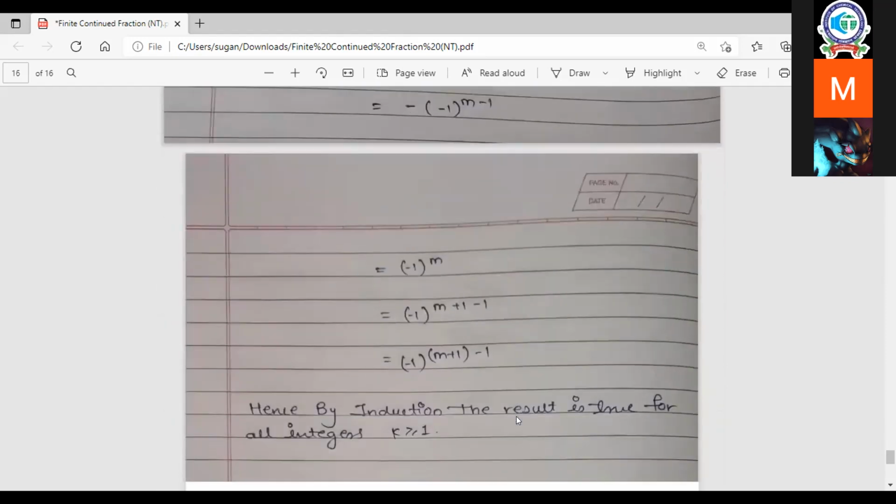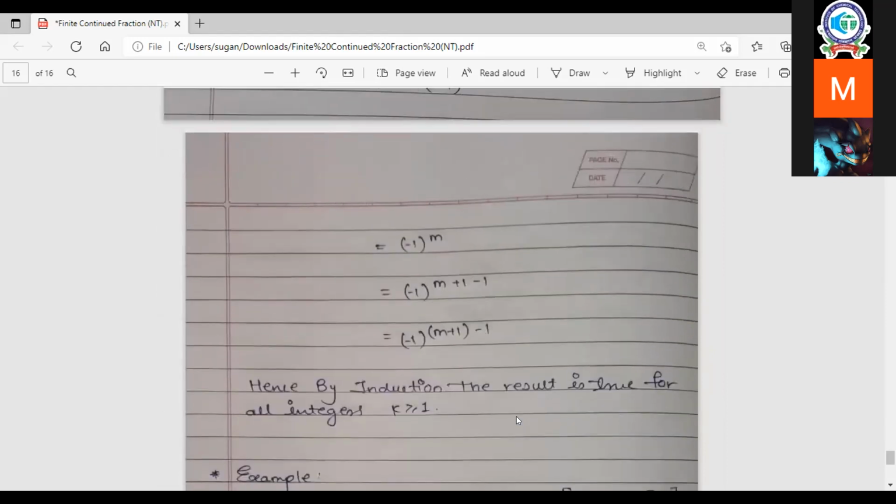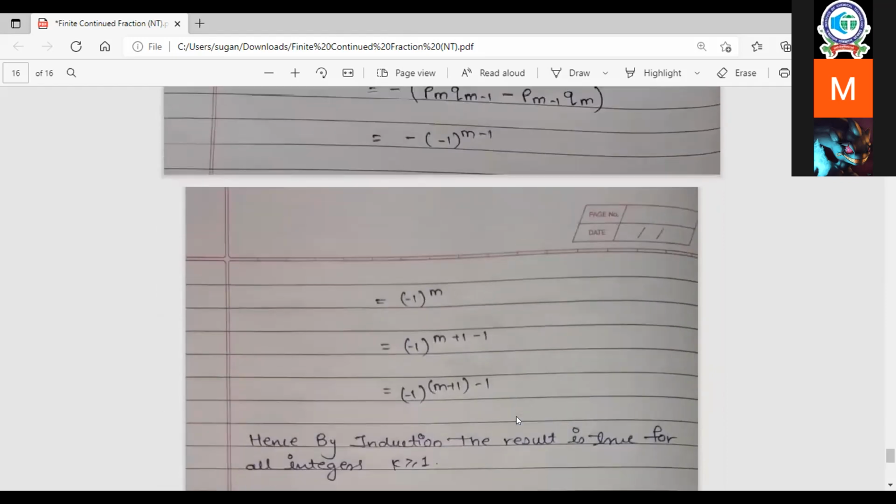I have done this only, sir. But you need to do the main thing, the convergents, right? Yes, sir. The convergence is one of the interesting points. In particular, you take Fibonacci numbers, for example 55 by 34.